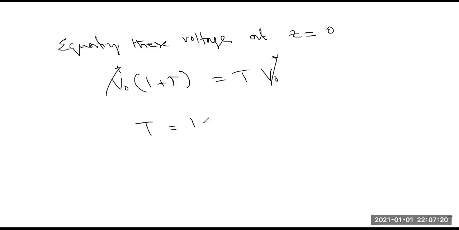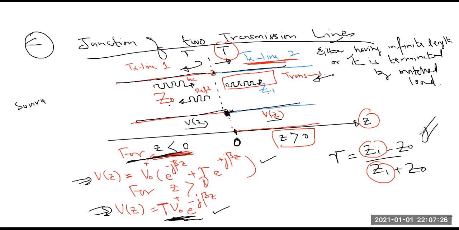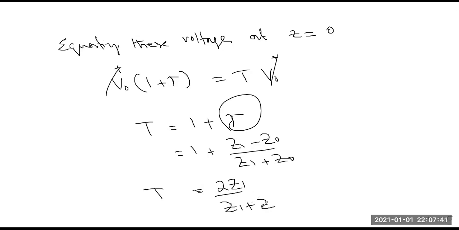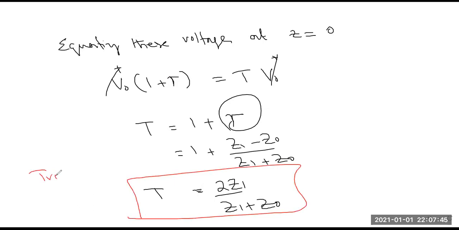The transmission coefficient is equal to 1 plus the reflection coefficient. And the reflection coefficient is equal to this. So putting in this value, 1 plus (Z1 minus Z0) over (Z1 plus Z0), and then you can easily simplify this. You get 2 times Z1 over (Z1 plus Z0), and this is the expression of the transmission coefficient.